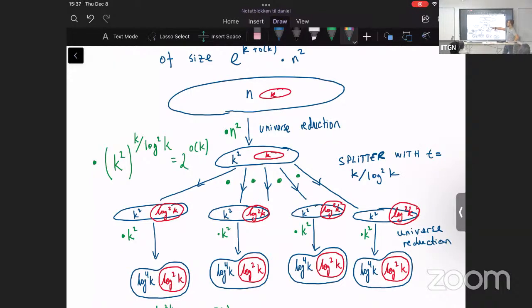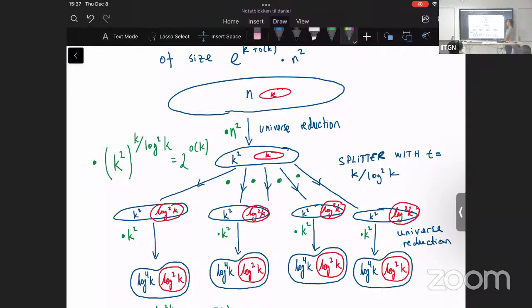Let me apply universe reduction, so that, paying a factor n squared in the size of the family, green is what I pay in family size, blue is what I do in order to get there. So paying a factor n squared in the size of the family, I now reduce to the task of k-coloring a k-size set in a k squared sized universe.